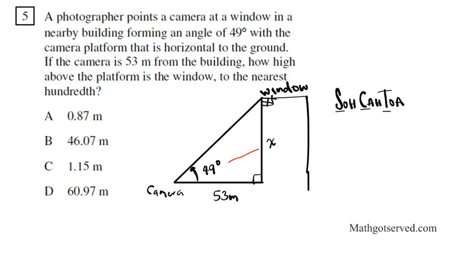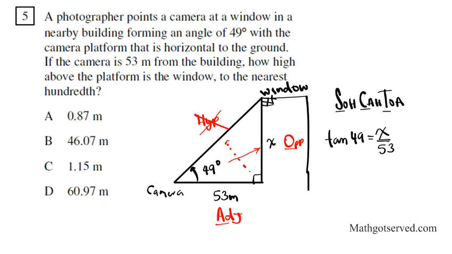This side right here is right opposite the angle, so that's the opposite, O. This is the adjacent, and the side opposite the 90 degrees is your hypotenuse. The hypotenuse, we don't know it and we don't need it, so we just scratch it. What we care about is O and A. Which trig function has O and A? Tan does, so we're going to use tan. So tan 49 equals x over 53.